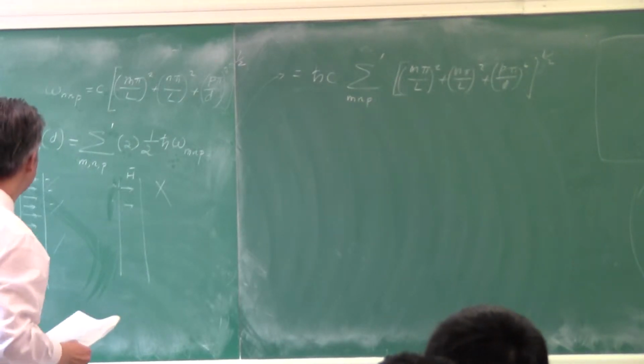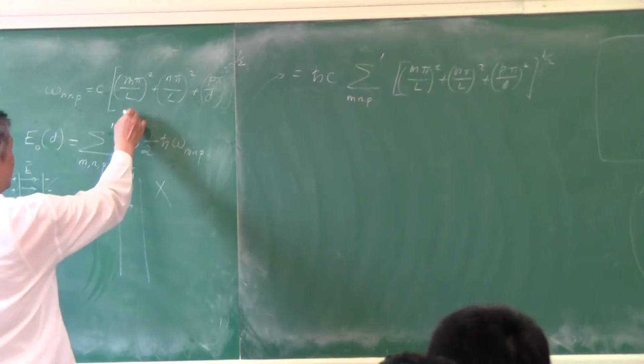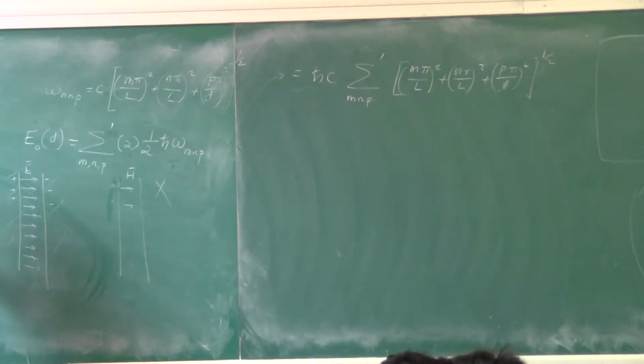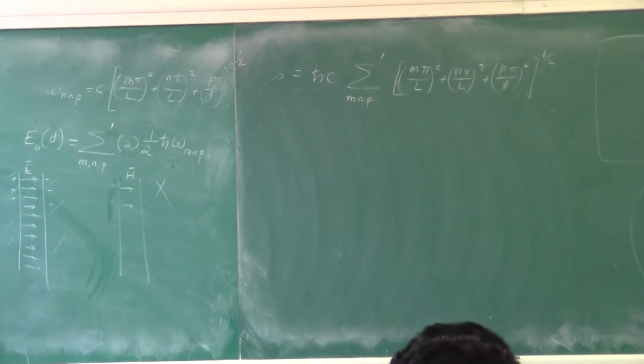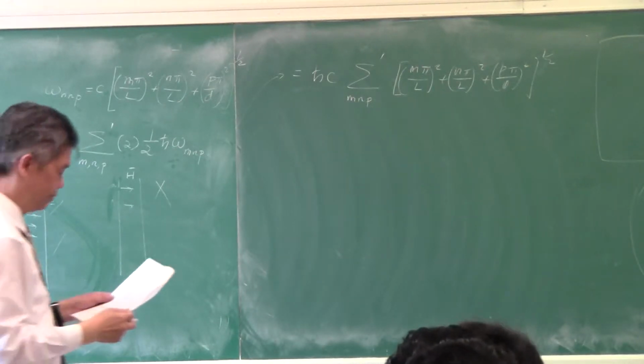And then I'm going to sum over the m's and the n's. The m's and the n's are in the actually x and the y direction. If I were to call this x, so this should be x. This should be y, right? This should be z. So the m's and the n's are sum over the x and y direction.